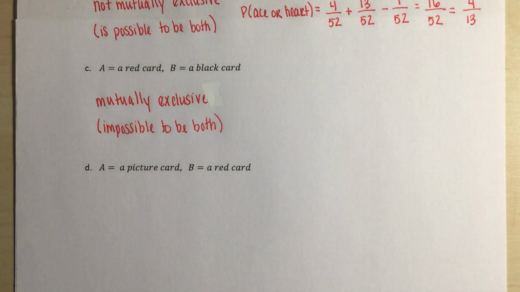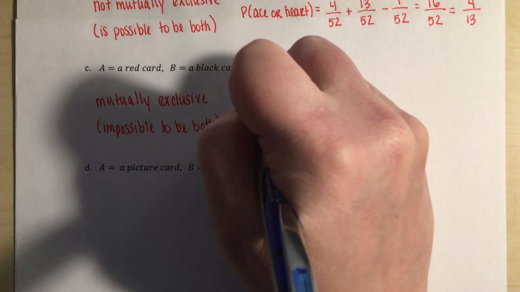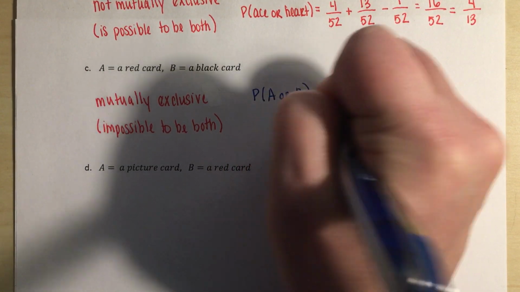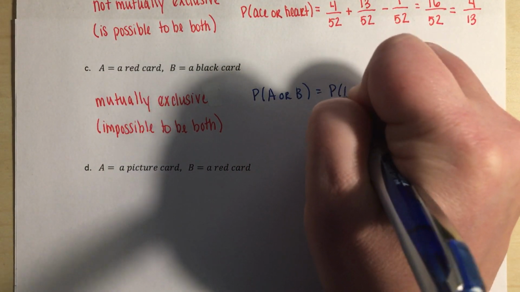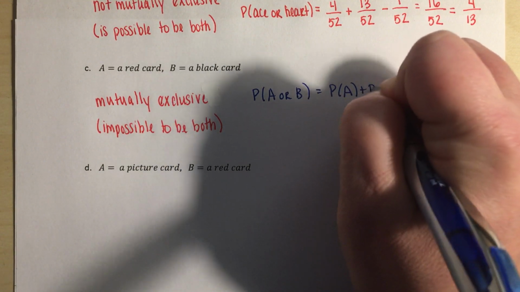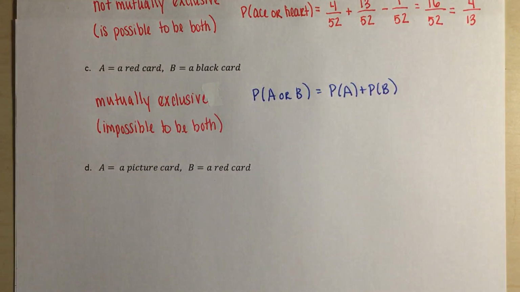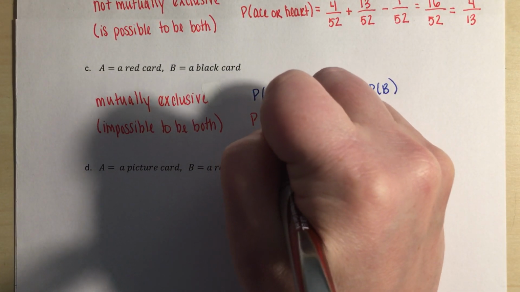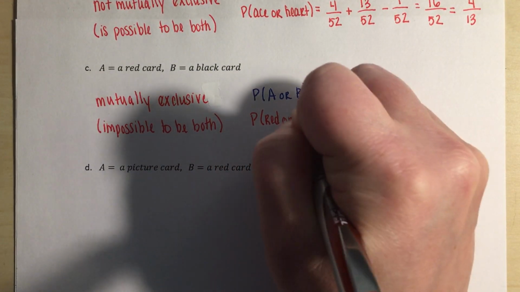All right, so when our events are mutually exclusive, again, we can use our shortened formula. All right. So our probability of red or black.